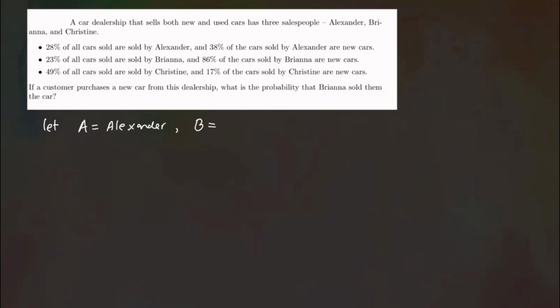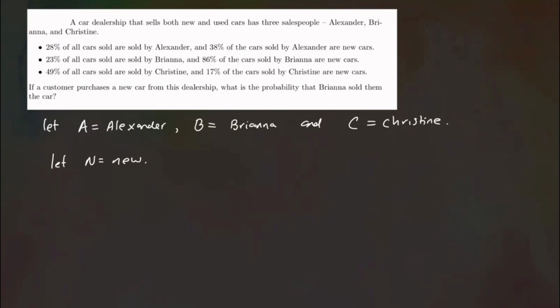Then I'm going to use the event B for those sold by Brianna, and C for Christine. And also we have new and old, so I'm going to use the event N for new cars sold by these people. Of course, N complement will be old.